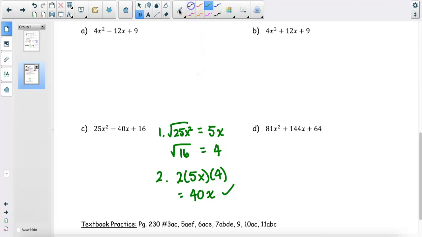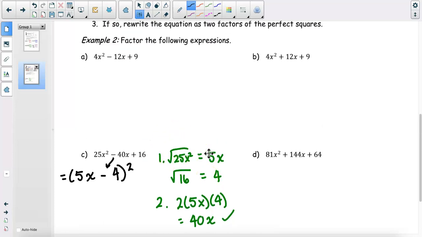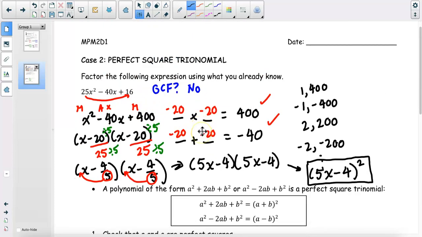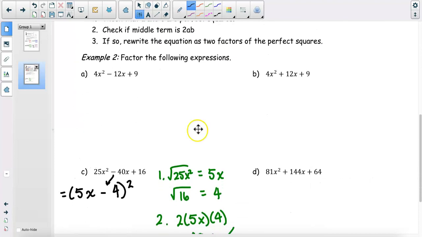So we can utilize our nice shortcut: we can write this equal to 5x. Since this is a minus sign, that is what we're going to put between this and the other factor, the square root of 16, which is 4, and we do 5x minus 4 squared. So you can see this is much simpler with these perfect squares compared to doing it the long way of the slide and divide or decomposition.